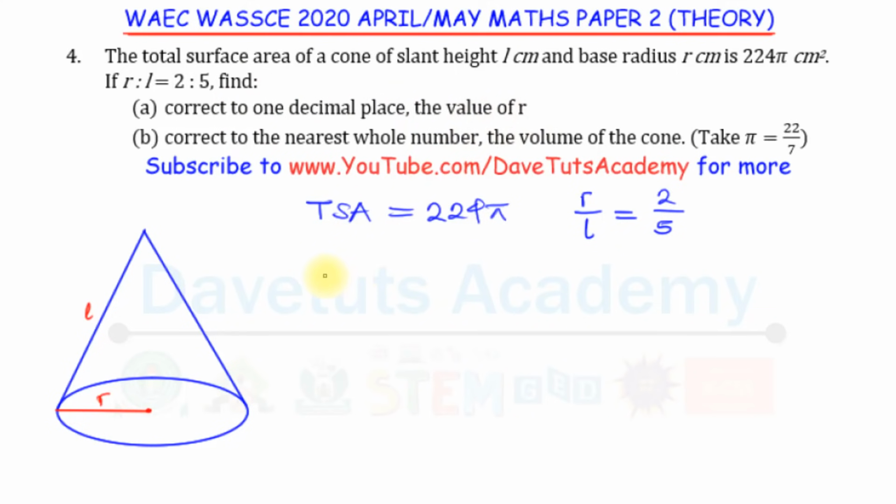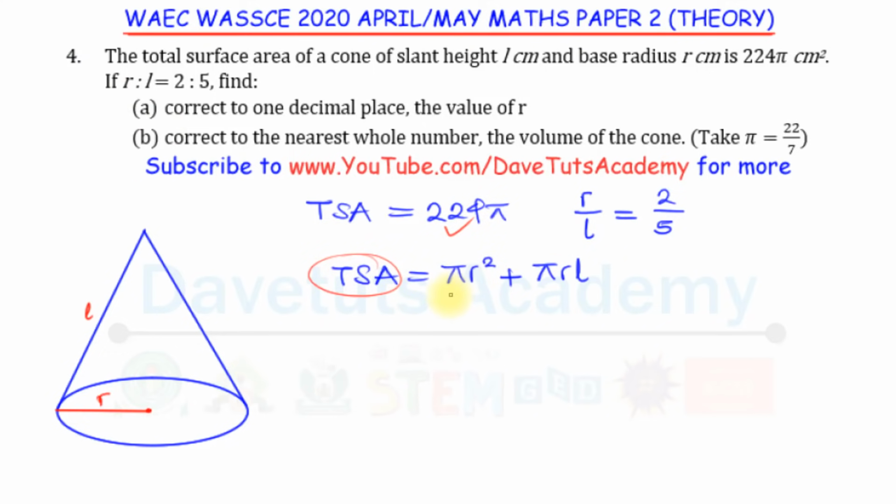If we want to find R, we know that the expression for the total surface area is pi R square, corresponding to the circular base, plus pi RL, corresponding to the upper part. But in this particular question, we are given the total surface area as 224 pi.